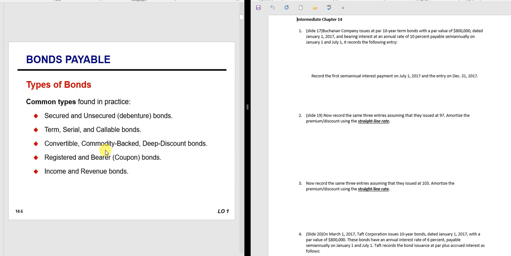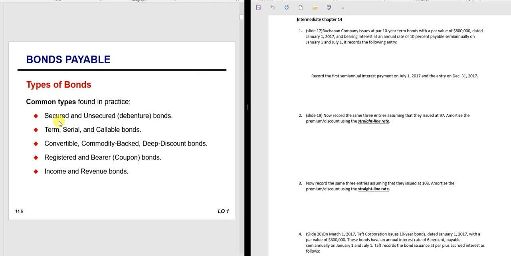Here are some types of bonds. Secured bonds have security backing them. It's a little bit like if you go to the bank and borrow money on your car and they take the title. Secured means the bondholders, if you don't pay, can come and get a specific type of collateral.